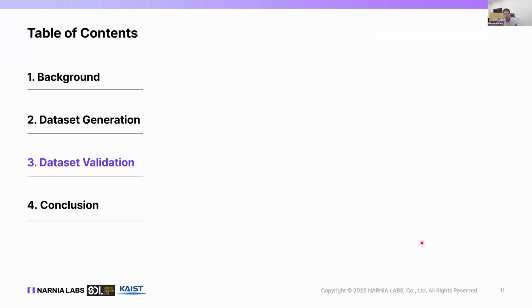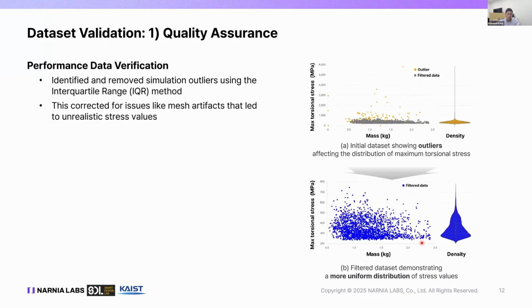Now I will discuss how we performed the dataset validation to ensure its quality and comprehensiveness. Our quality assurance had two parts. First, for performance data verification, we identified and removed the simulation outliers using the IQR method. The initial dataset shown in plot A had a long tail of unrealistic stress values.